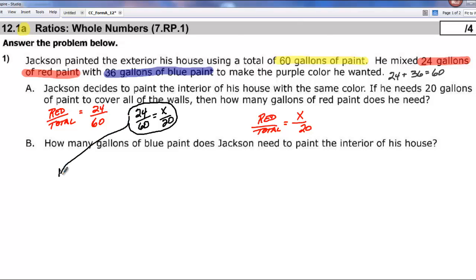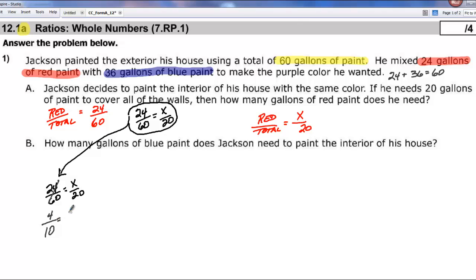So we've got 24 to 60 equals x to 20. Let's take that 24 to 60 and simplify it. How does it simplify? Well, 24 and 60 can both be divided by 6. 6 goes into 24 4 times. 6 goes into 60 10 times.